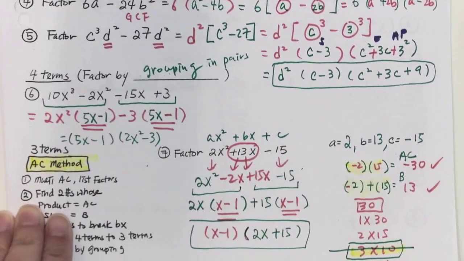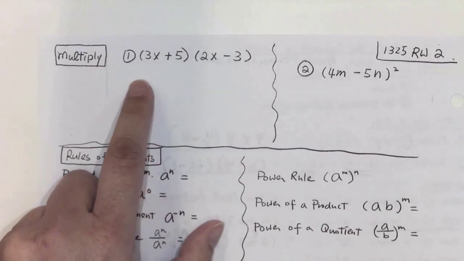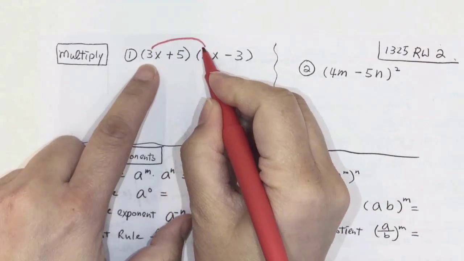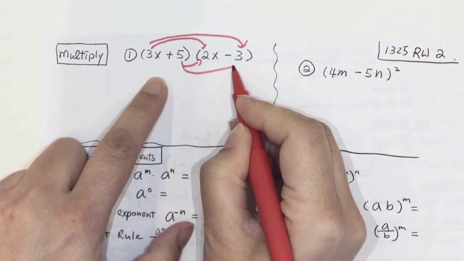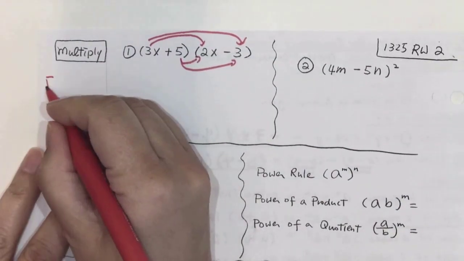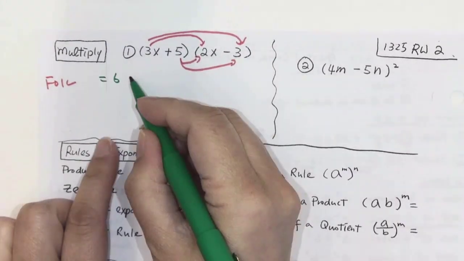Okay, question before we move on. Second page. So if you're multiplying, what do I do to multiply this? Yes, FOIL, which means you have to use the first term, multiply this and that. And also the second term, make sure to multiply each term in the second parenthesis, right? So what do I get? 3x times 2x is 6 what?